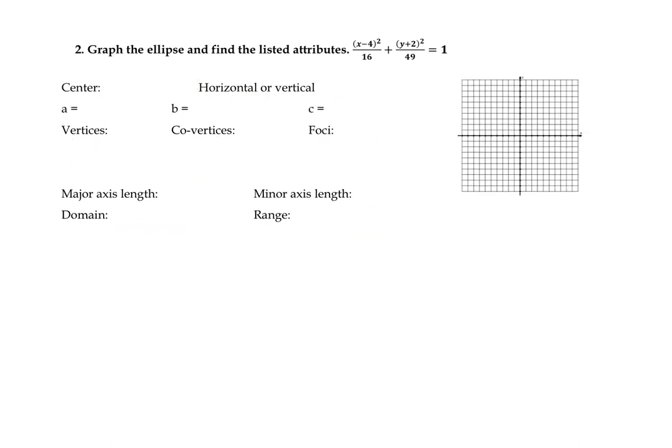Okay, so now we have another one. Take a look at it. I can see what my center is, and that is 4, -2. The larger number is under the Y, so this is going to make this a vertical. That still makes the larger number the A, so that's 7. The B is 4.